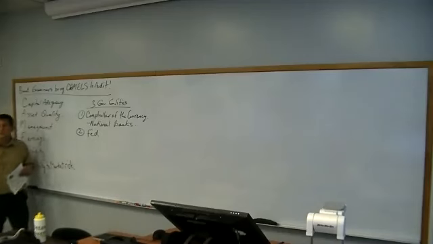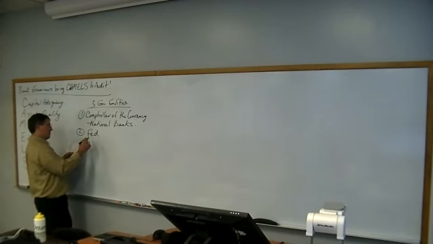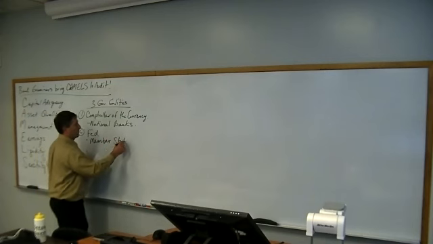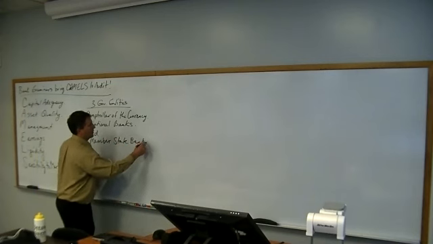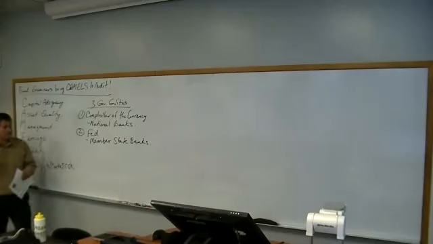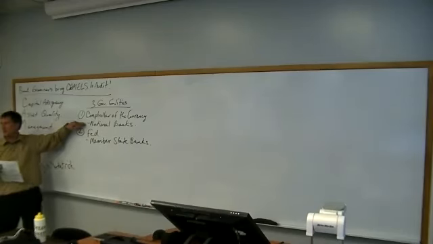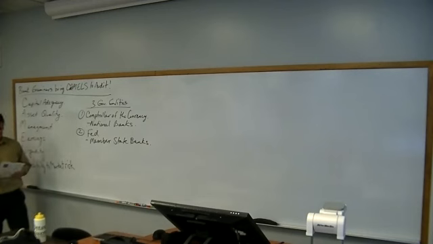So the Federal Reserve, the central bank. The Fed handles member state banks. These banks have their charters in specific states. National banks, we're thinking Wells Fargo, JP Chase, all those big banks.